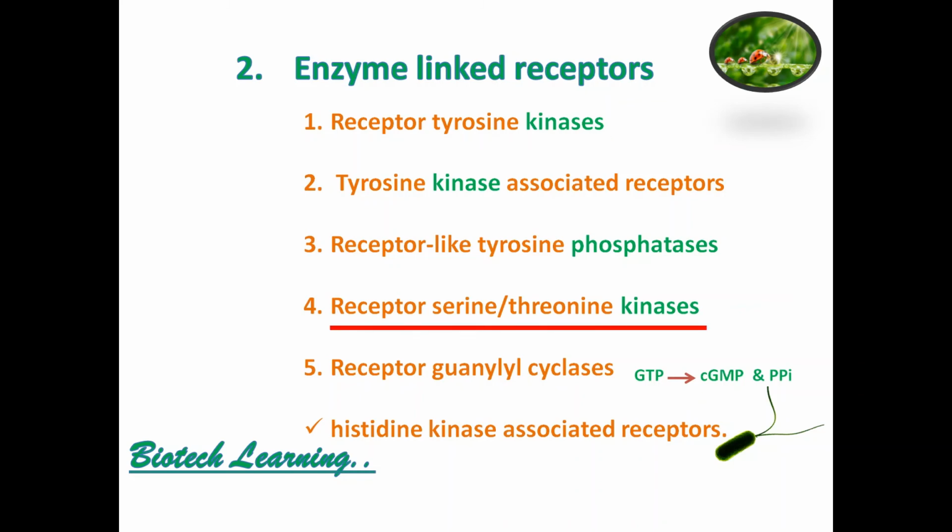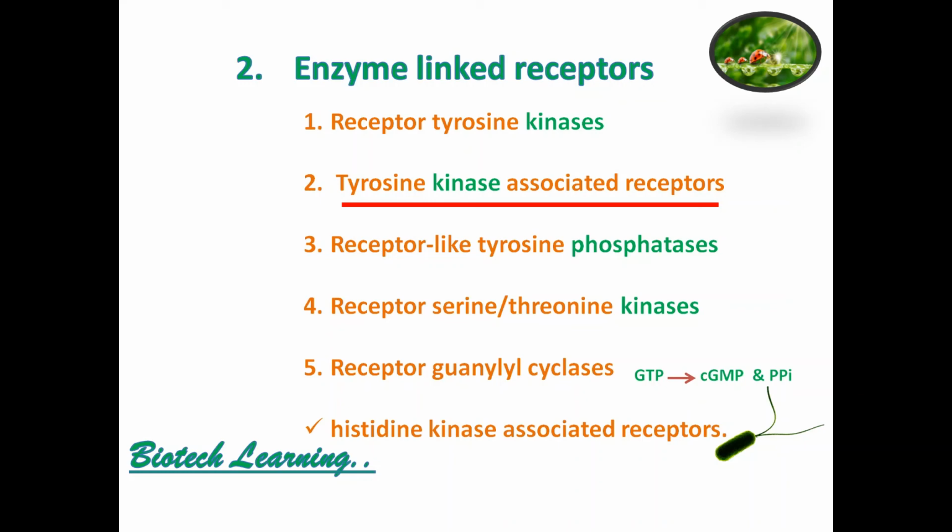And what are receptor serine threonine kinases? These are enzyme-linked receptors that have an intrinsic serine threonine kinase. What about this? These are receptors that have tyrosine phosphatase enzyme in them. What about this one? These are a special type.